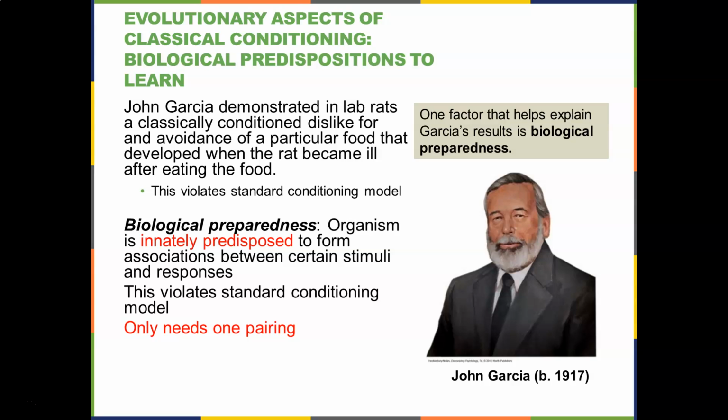We are innately predisposed because of our biological conditioning. Through evolution, some psychologists have said, look, we have that innate reaction because through our evolution, we learned that those types of organisms can be a threat to us.